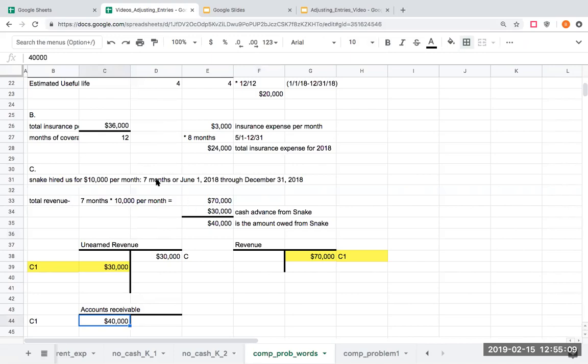Here I worked for 7 months, so I should be recording revenue of $70,000, from June 1st through December 31st. At the same time, when I look at the other side of the equation, this unearned revenue that I recorded has now been earned while we've performed those services. But Snake still owes me money. So that's going to show up here as an accounts receivable.